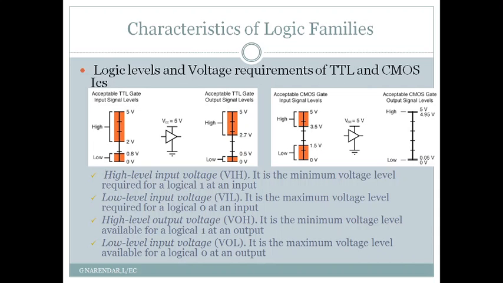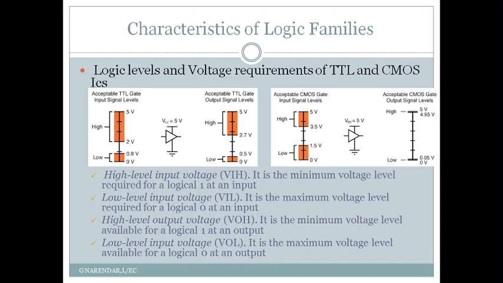So that is why all digital circuits are designed to operate with input or output logic levels, that is logic 0 and logic 1, where each of these logic levels has a certain voltage range defined to qualify as logic 0 or logic 1.